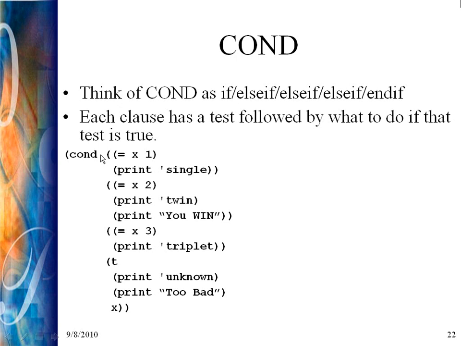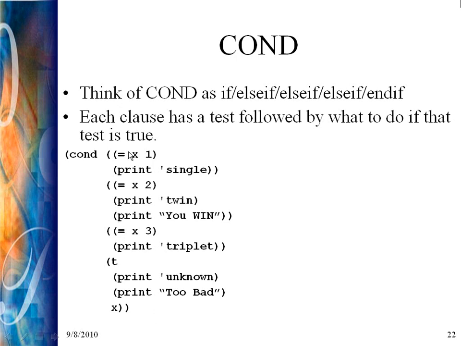Each list contains a test form and then one or more result forms. So the test form says if x, which is a variable which has been predefined and has a value, if x equals 1, then do this and return the value of this statement and don't do anything else.